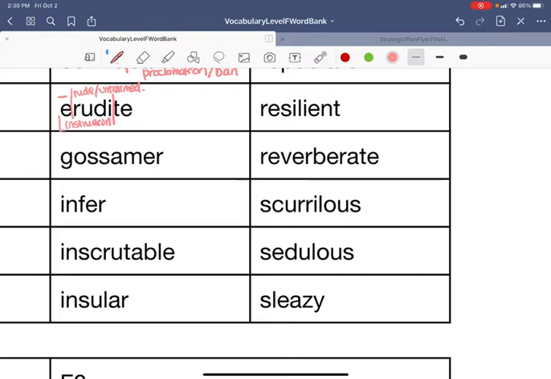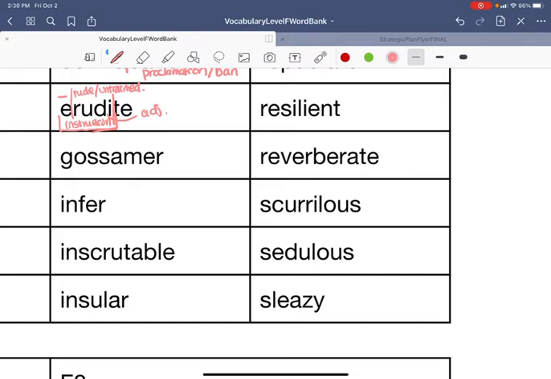And then together it means instruction. And a lot of words with ITE, I believe, are adjectives, and that's how you would be using this word, as an adjective.